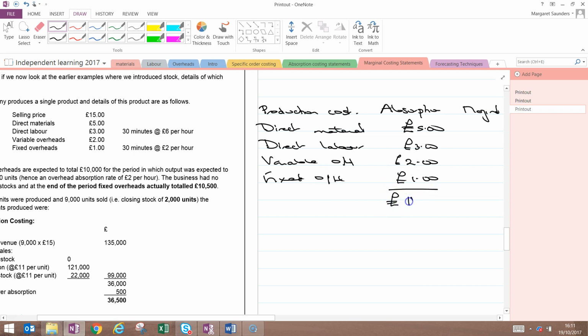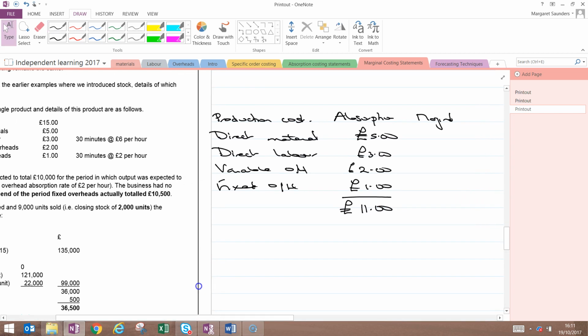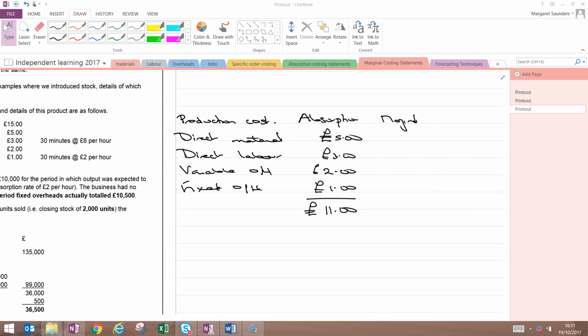So we have a production cost of £11 a unit under absorption costing. If we're using marginal costing, we will still have the £5 for the material, the £3 for the labour, the £2 for the variable overheads, but we will not include the fixed overheads. So production cost £10.